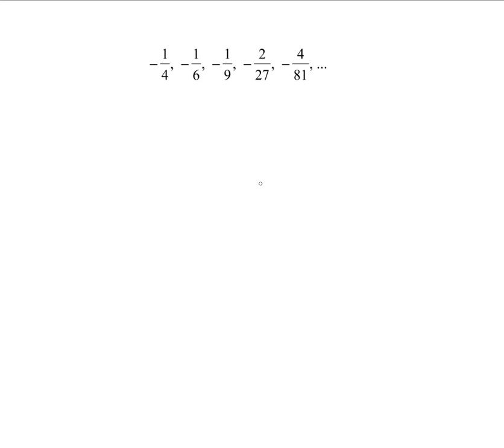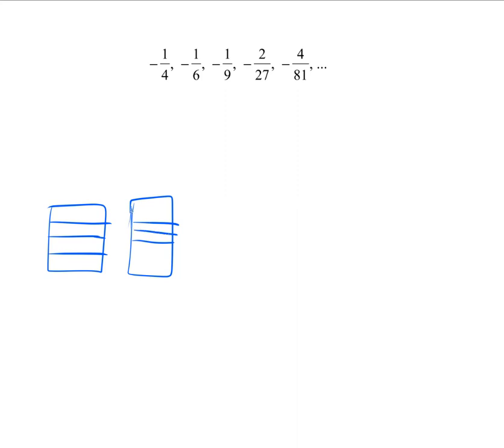So let me think here. If it's from 1/4 to 1/6, right? Let's say I have 1/4 here, and I made it all the way to 1/6, and I was adding. 1/6 would look something like this.